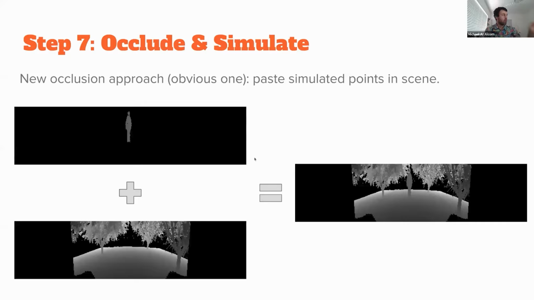With that, we know each coordinate for each of these simulated points and each coordinate for all of the background points. And so we can then just combine them by taking the closer of the 2 points for every single point from those 2 scenes. And that gives us this new image, as you can see here. It looks much more natural, and there's none of these weird artifacts that I showed before.